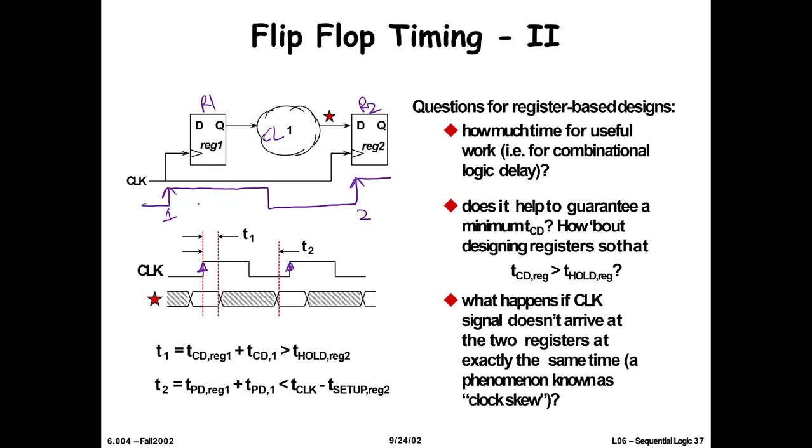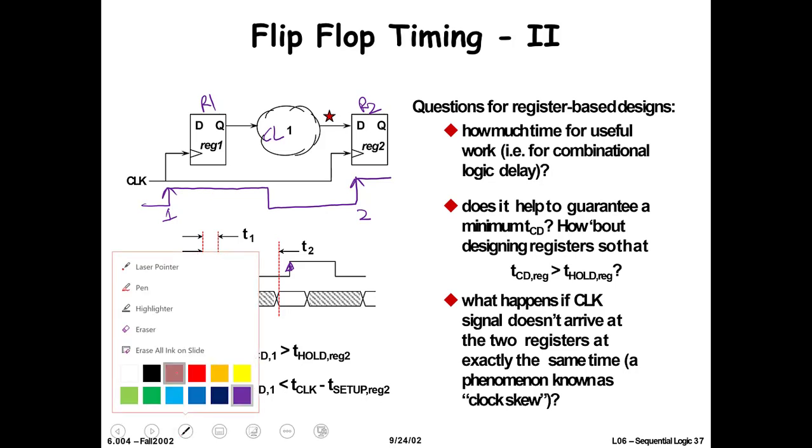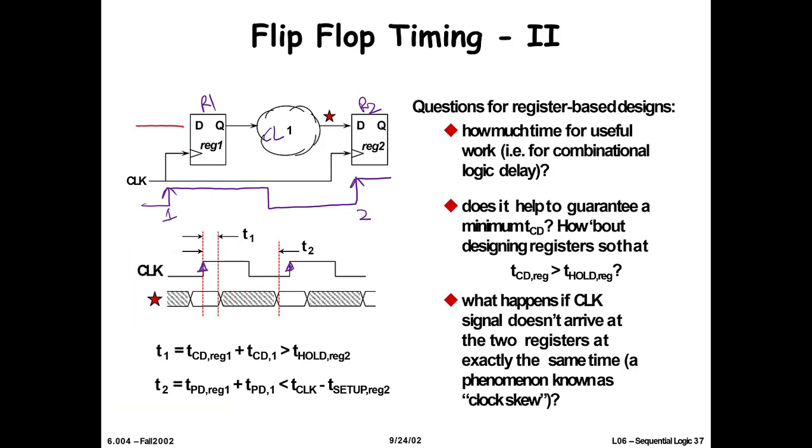So what should happen on the first edge? Something like this should happen: our input, which is at D, should go from here to here. Now the amount of time that it takes is called TPD of R1.